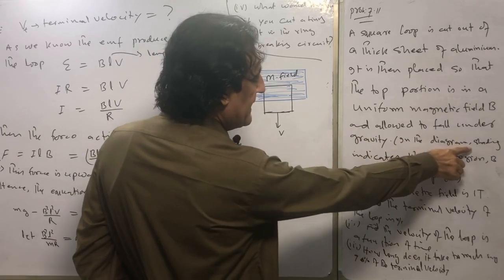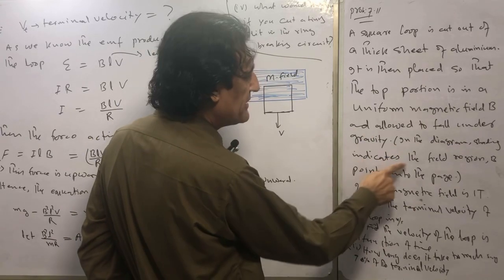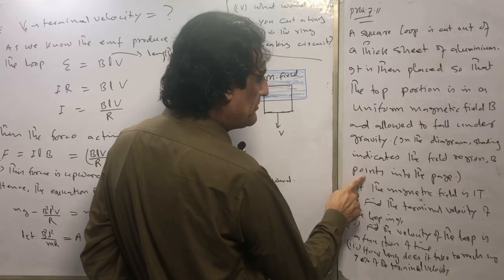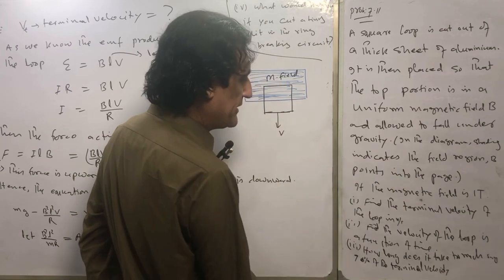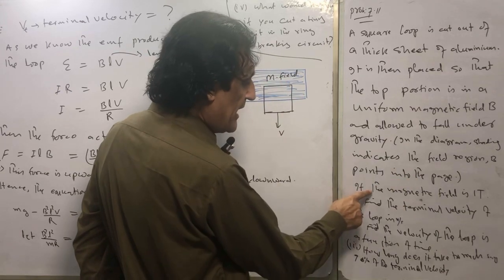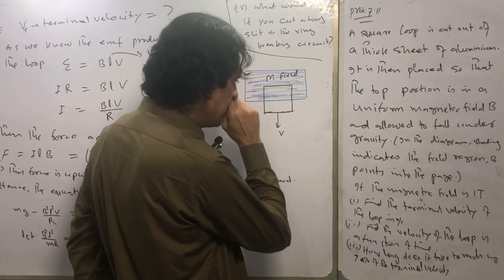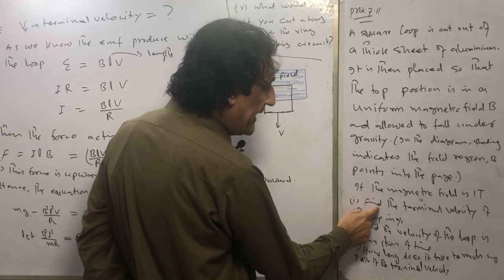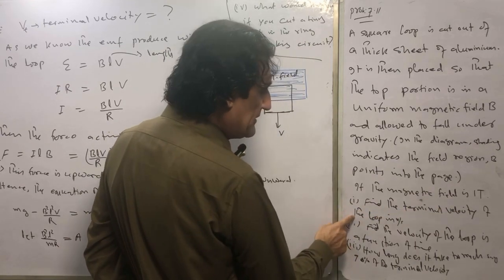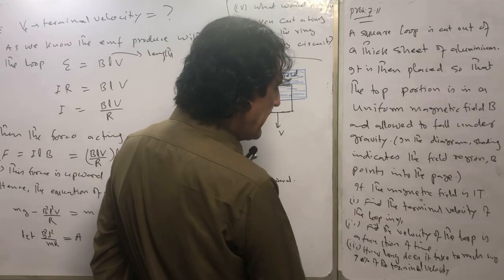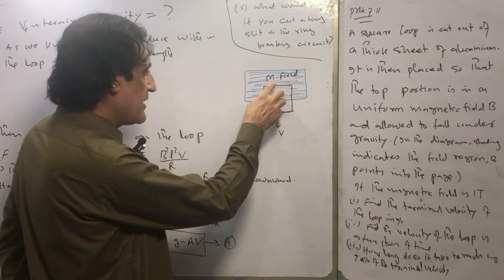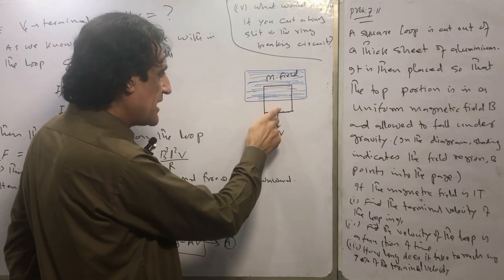In the diagram, shading indicates the field region, and B points into the page. I have already discussed this point. If the magnetic field is 1 Tesla, find the terminal velocity of the loop in meters per second. What will be the terminal velocity of this loop?